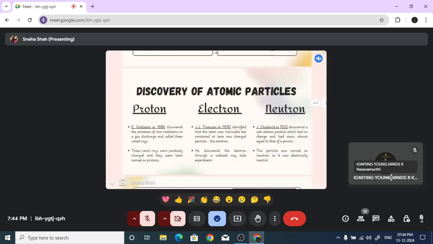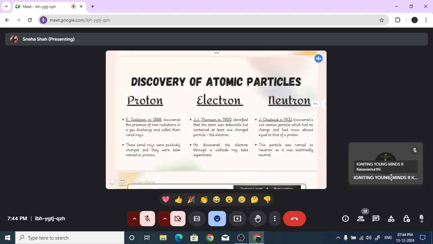When we talk about the discovery of subatomic particles, there are basically three that we know of: protons, electrons, and neutrons.